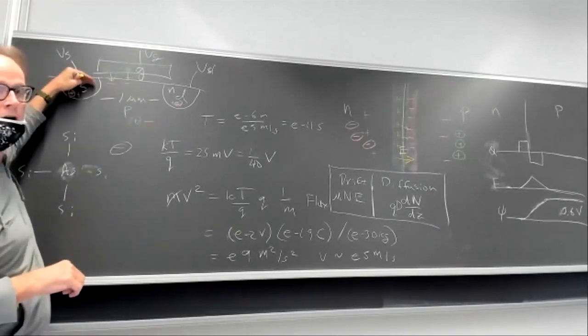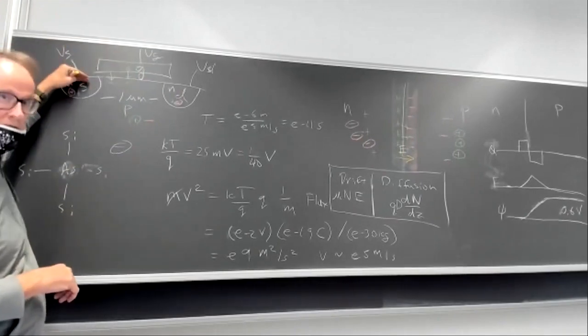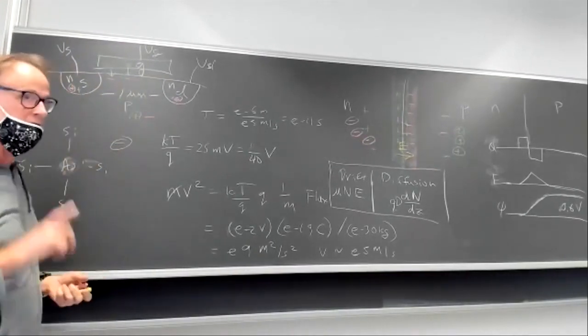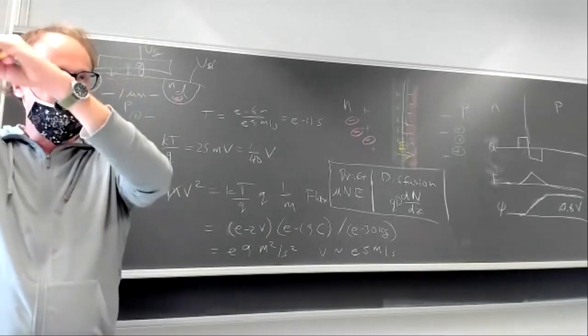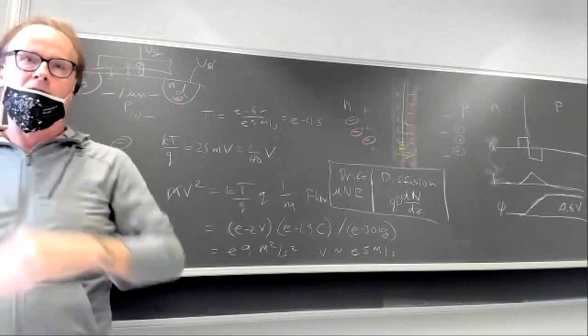There's a little bit of mobile charge, exponentially increasing as you increase the gate voltage or decrease the source voltage, but it's still small compared to the fixed charge. However, at a certain point, it's like the water level reaches the level of the dam, right? And suddenly water starts rushing over.